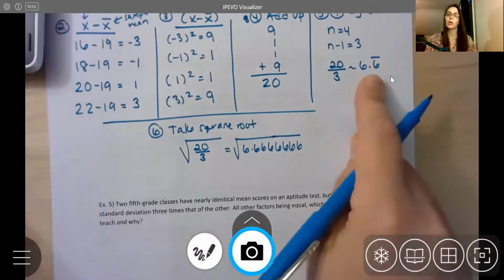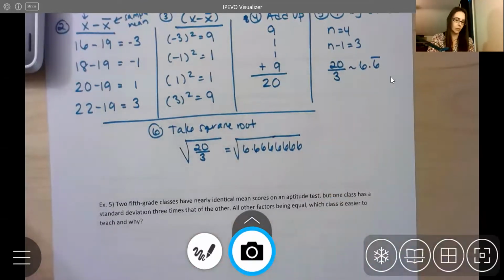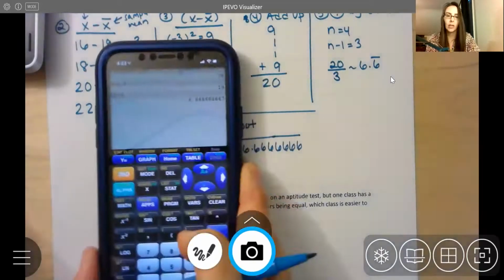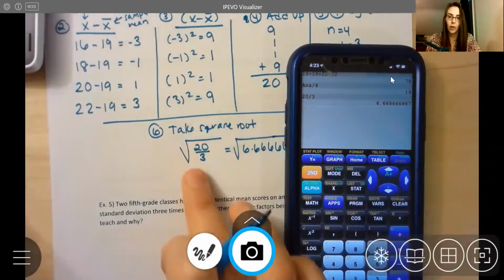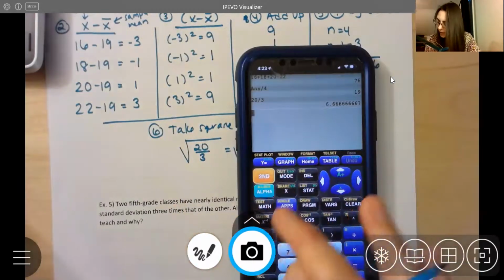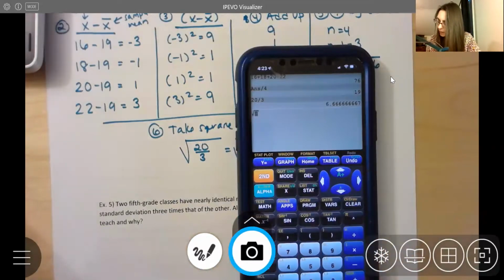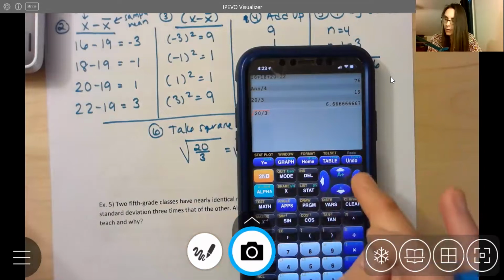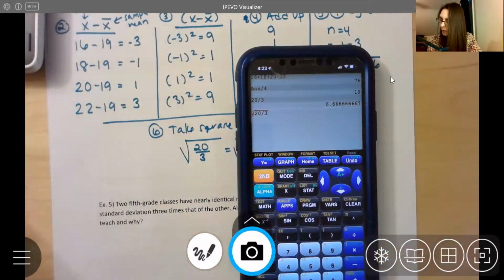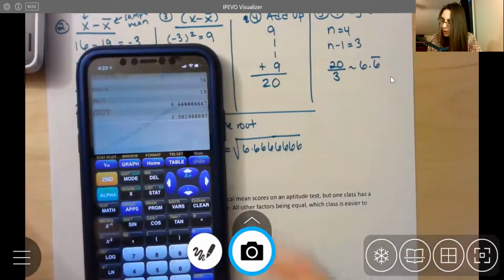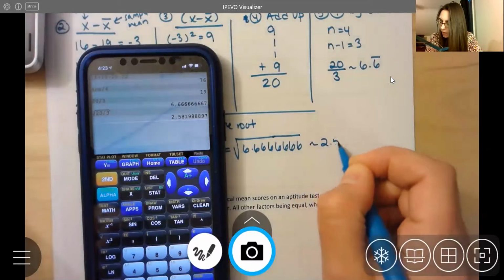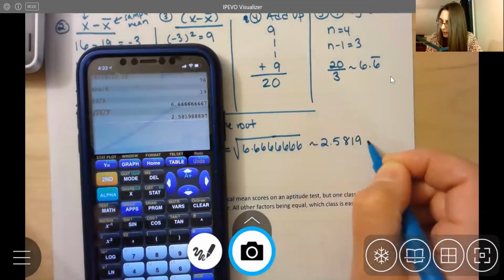If you round too early, then you may not have an accurate answer. So in a case like this, you may actually just want to type in your square root with the 20 over 3. So I'm going to do second, and then that x squared key, I'm going to do 20 divided by 3, so the whole thing is underneath my root. I use my right arrow to get outside of the root, and I just hit enter. And I get about 2.5819, etc.